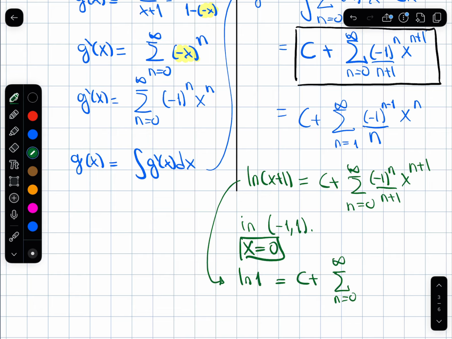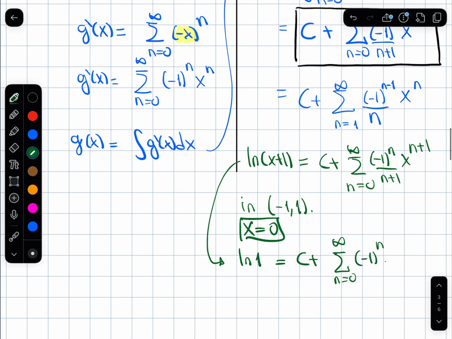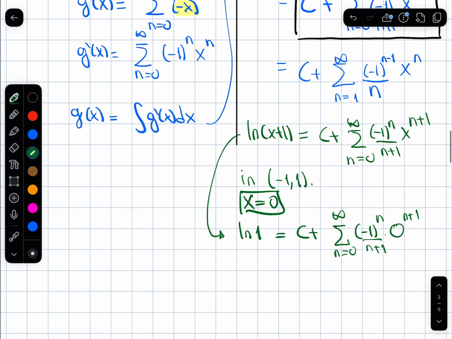Gotta be careful with those zeros to the power of zeros here. So I'm going to be slightly careful, but that doesn't matter here. It's never going to happen because the lowest power that shows up is 0 plus 1. So it's 0 to the power 1. All of this is going to be 0, so it's just adding a bunch of zeros here.